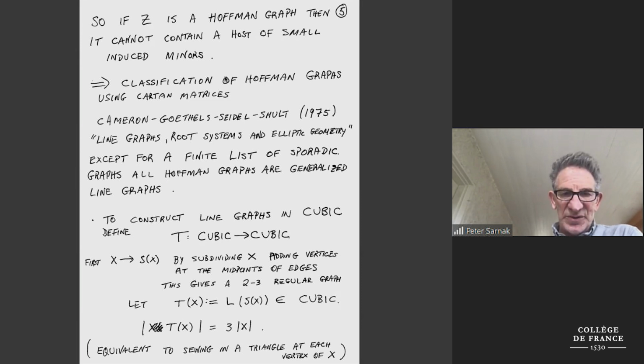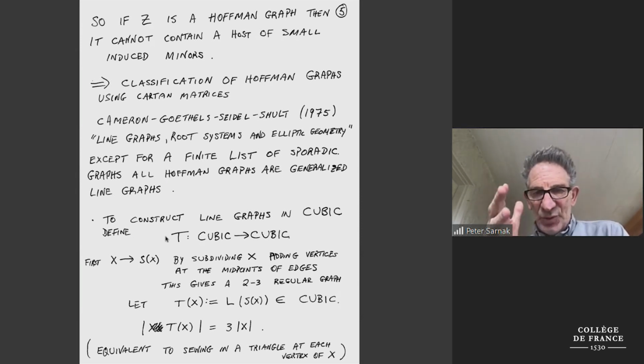I'm going way too slowly, sorry. So here's a way of making 3-regular graphs which are going to have an optimal gap at the bottom. We've discussed the gap at the top, and the gap at the bottom is actually easier once you have this amazing classification. So I'm going to define a map from cubic graphs to cubic graphs. Cubic means 3-regular, finite, connected, and simple.